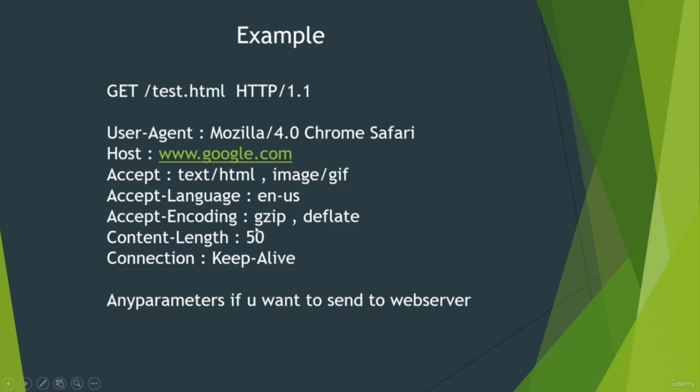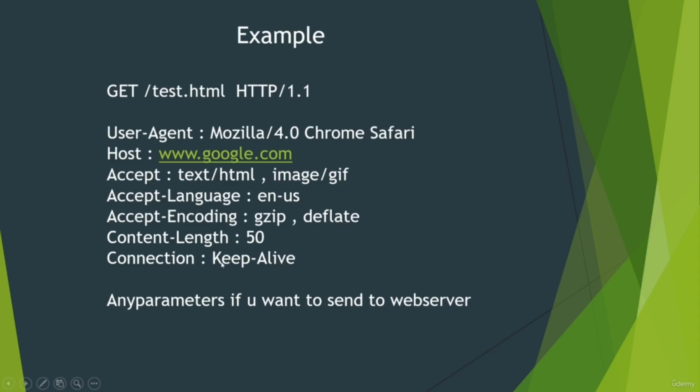And Accept-Encoding means gzip and others. So the server sends in this encoding format, and the browser will decode it for you. And the Content-Length is 50, say 50 bytes. This is the size of this test.html. And Connection: keep-alive. Keep-alive means after you send this request, you get the response from the web server, and again you can send a request without initiating another connection.